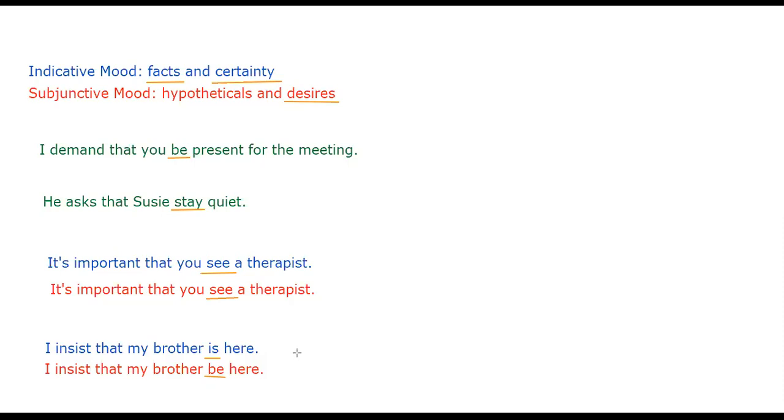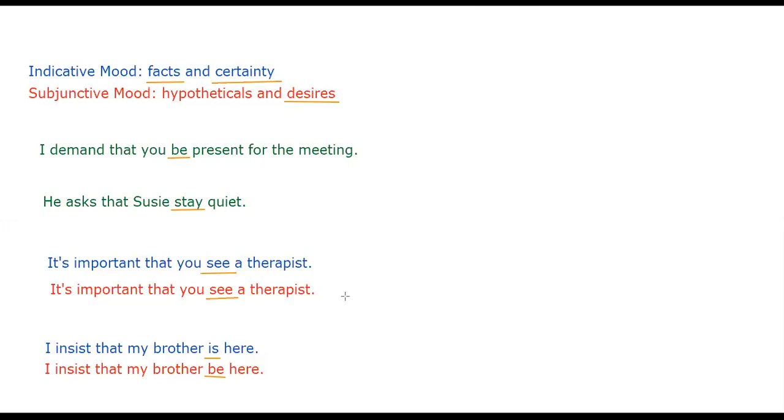It's something like an imperative, but it's like an imaginative desire. Your brother isn't actually there in the second sentence, but you want him to be there. But in the first sentence, you're saying that he's actually there. You know that he's there. So that's the difference.